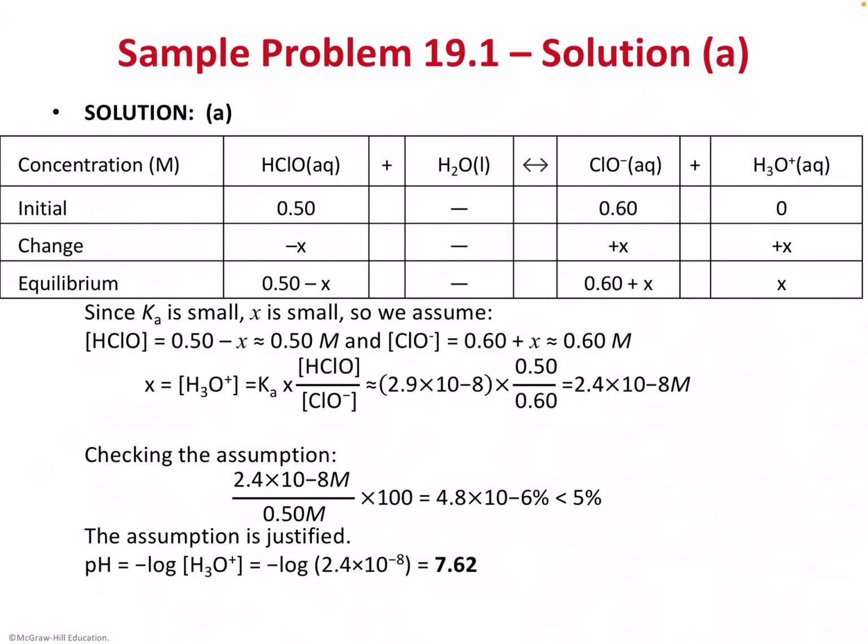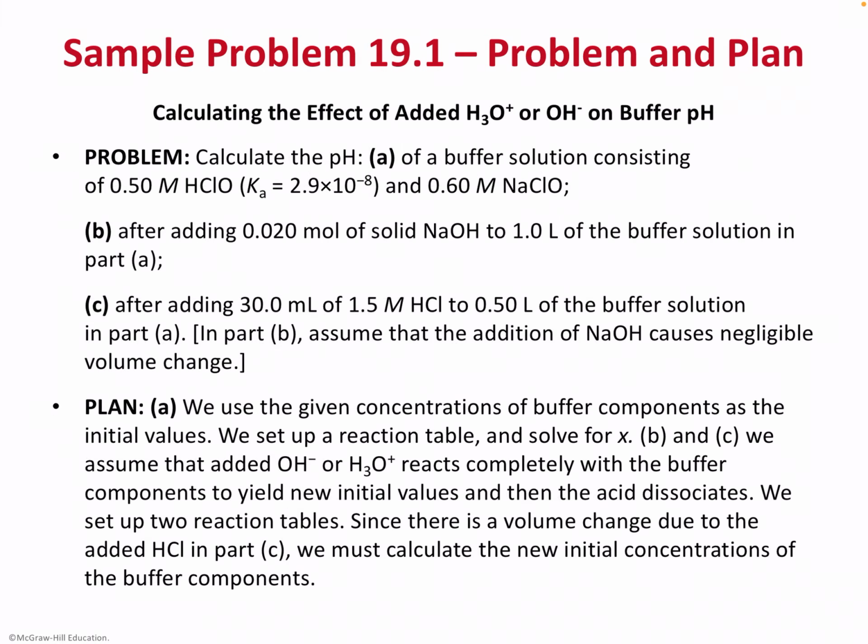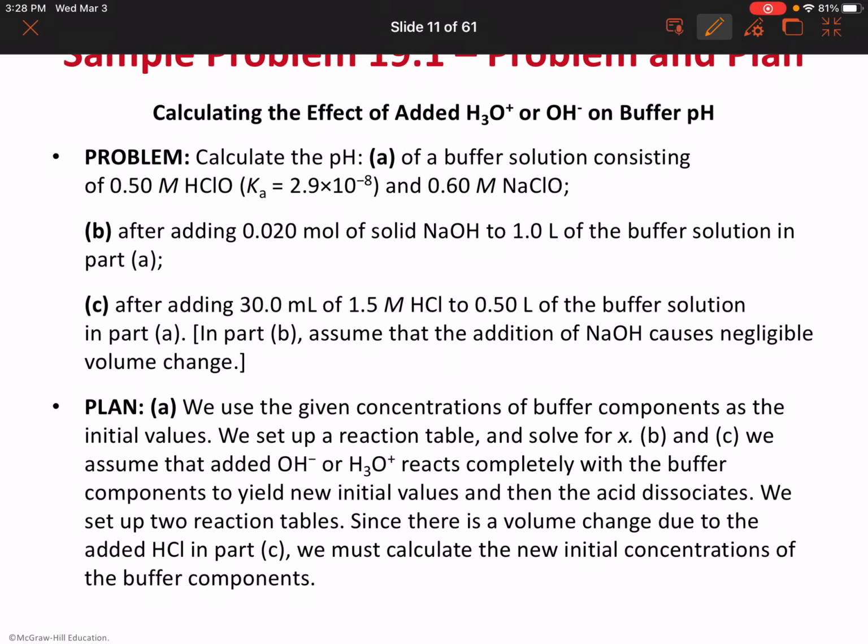Now you tell me, if you add sodium hydroxide, remember these are the buffer components. We have HClO and we have ClO minus. You are adding hydroxide. It's a base. Is it going to react with the acid component of the buffer or the base component of the buffer?